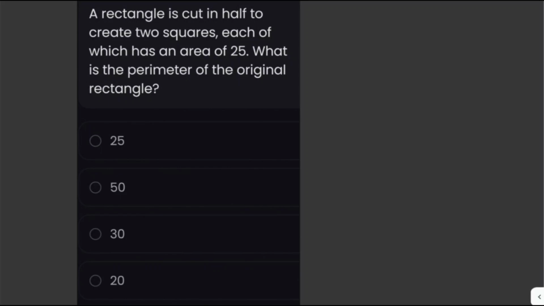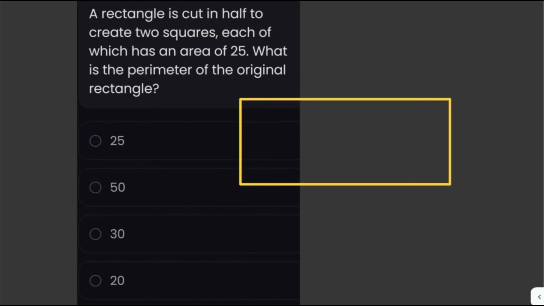Alright, let's solve another problem here. A rectangle is cut in half to create 2 squares, each of which has an area of 25. What is the perimeter of the original rectangle? So let's try drawing a rectangle here. Let's say this is our rectangle.